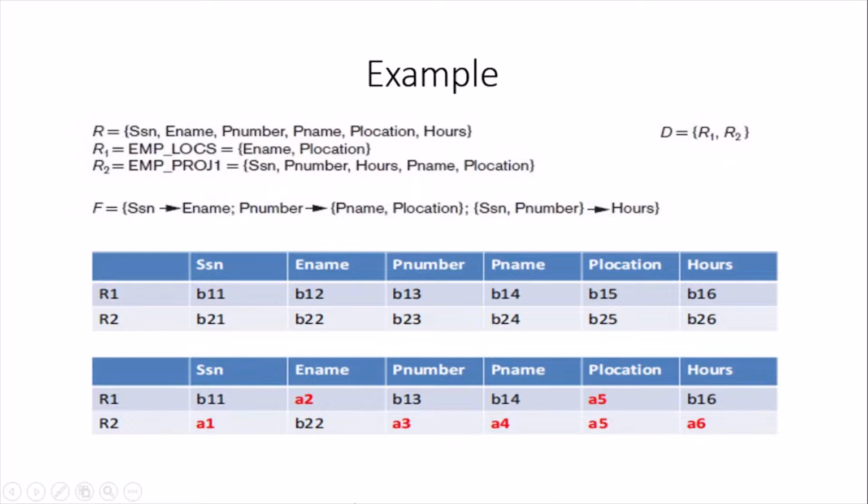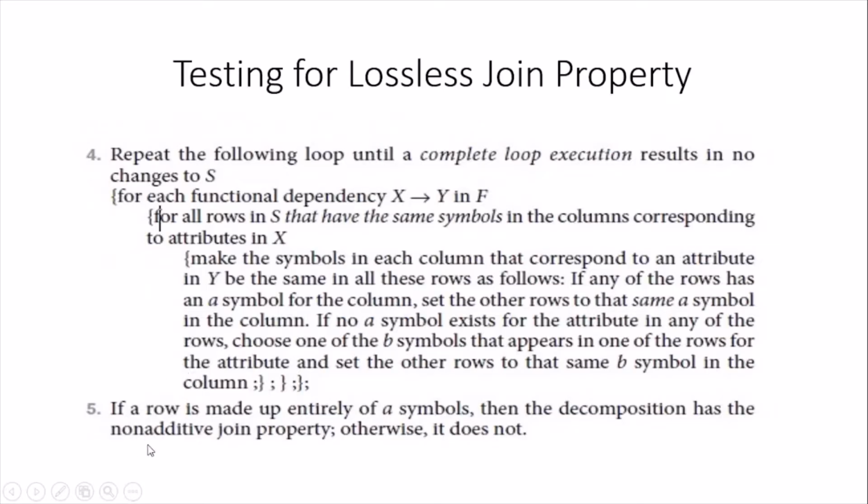So here no row has all A's. So it means that this decomposition does not preserve the non-additive join property.